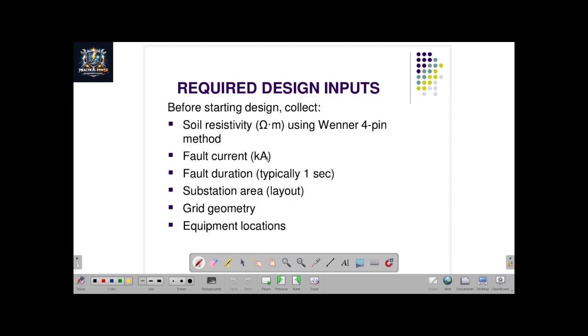For input data, we can calculate this fault current. Fault duration typically 1 second. Substation area layout, grid geometry, and equipment locations. All these things are required for designing the earthing system or substation design.